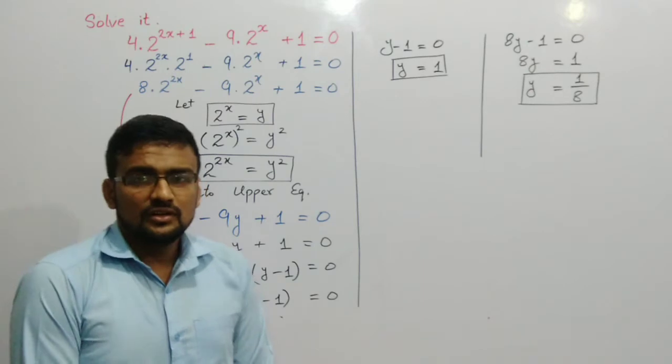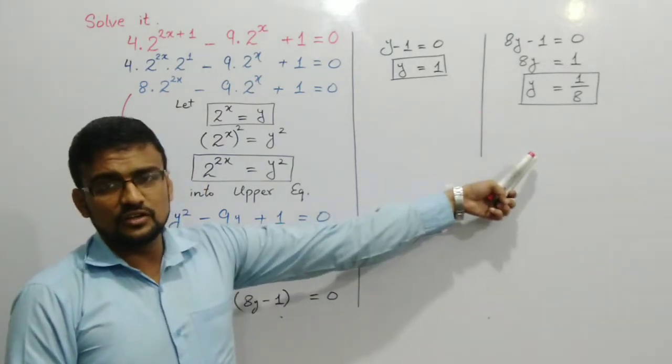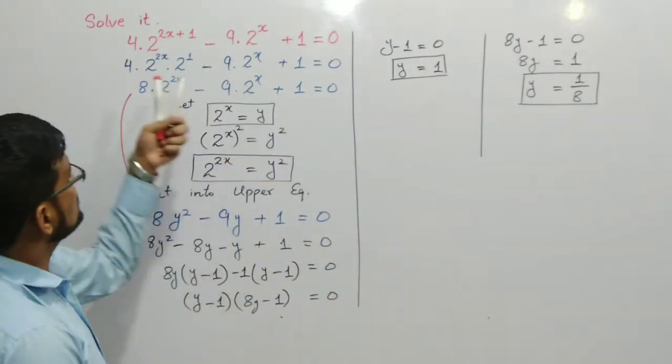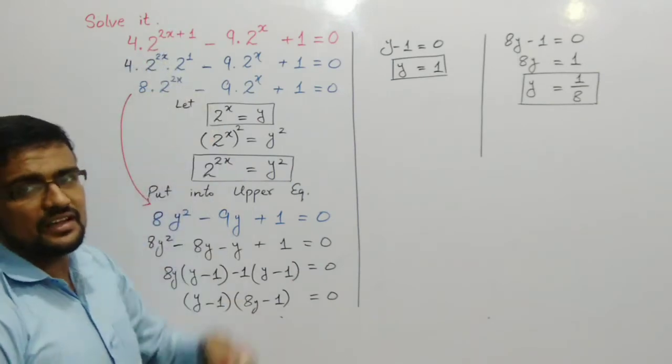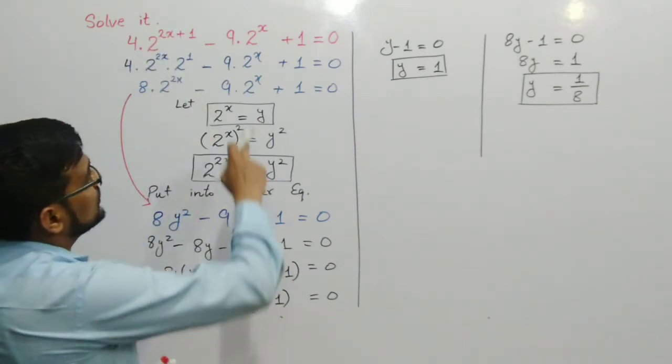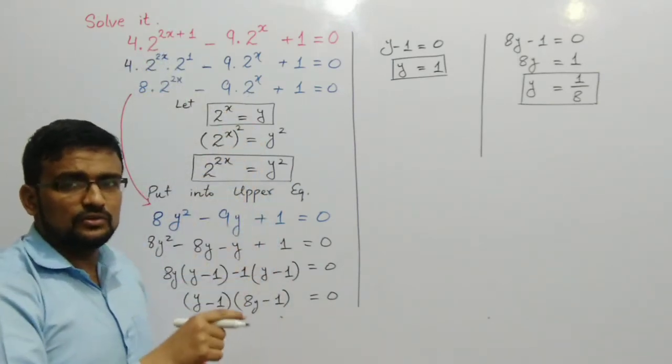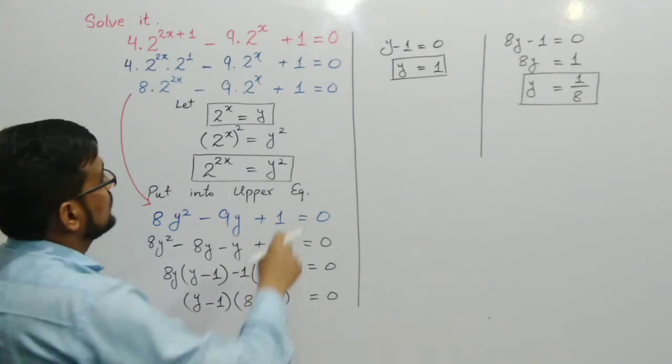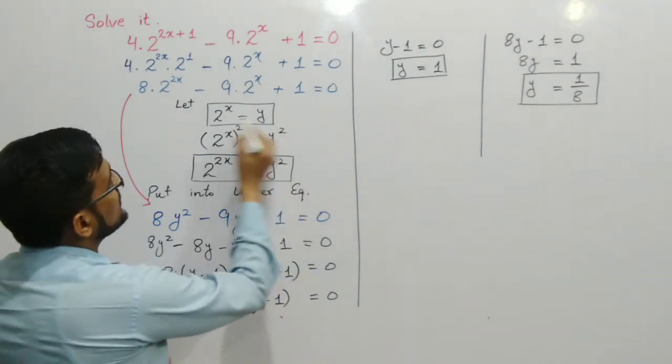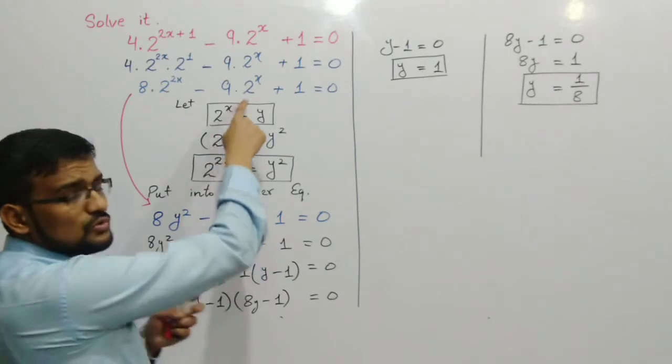But student, this is not the result of this question, because in the question there is a variable x. So you need to find the value of x. So y is equal to 2 raised to power x.